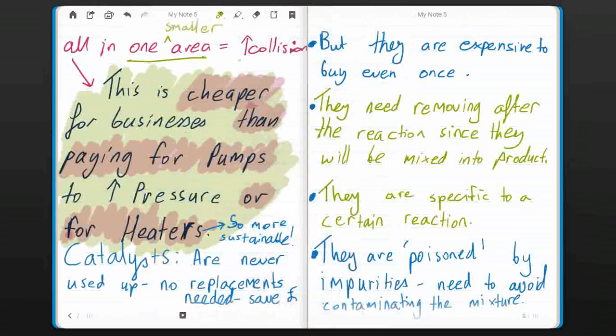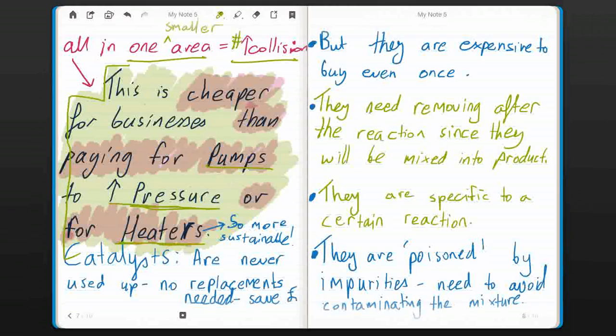So there are more collisions, a greater number of collisions, and this is actually very practical for businesses because catalysts increase the reaction rate, and you only have to buy one catalyst to make one reaction faster. So this is good because they then don't have to pay for pumps to increase the pressure if they're reacting gases, or heaters to increase the temperature of particles.